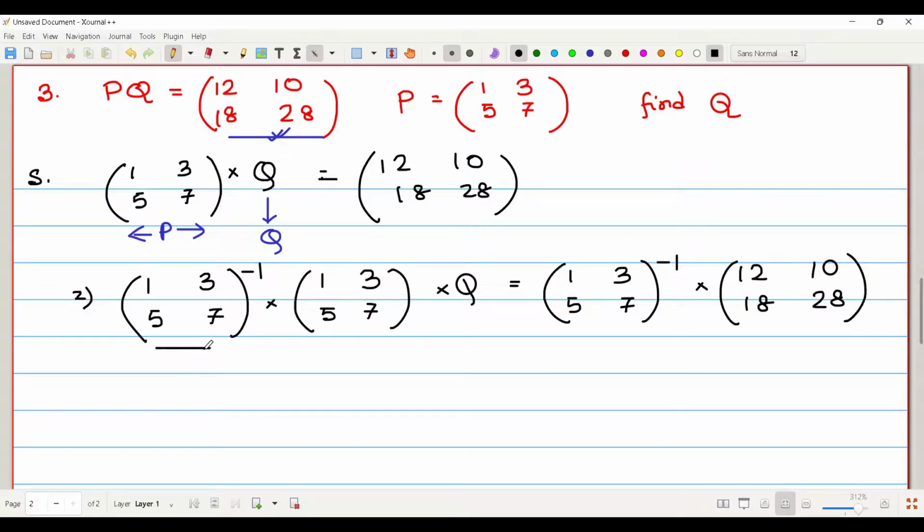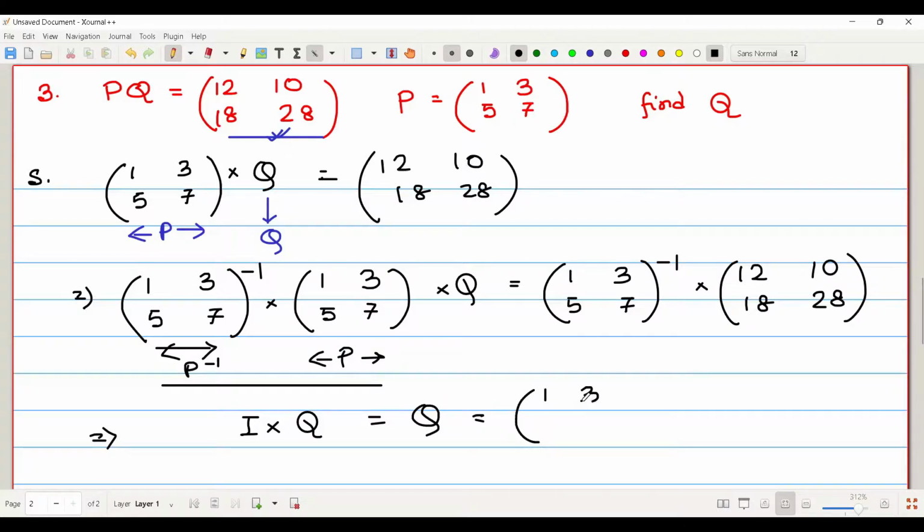Now that is our P inverse and that is our P. So the multiplication must give us I, that means the identity matrix. So I into Q is equal to, that is normally our Q, and that is equal to [1, 3; 5, 7] inverse into [12, 10; 18, 28].